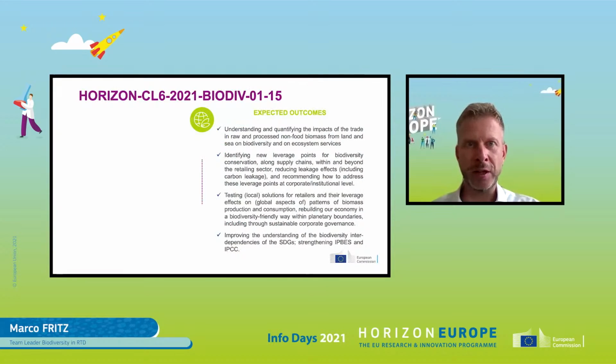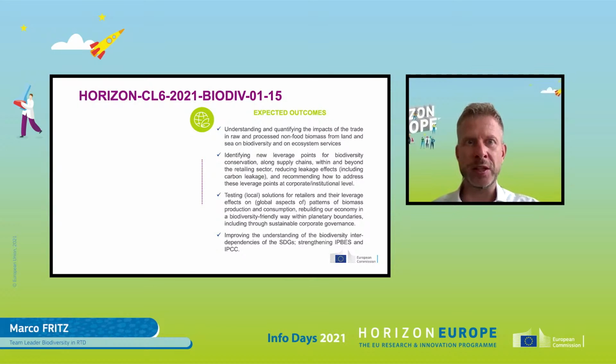The expected outcomes are understanding and quantifying the impacts of a trade in raw and processed non-food biomass, which are biomass for energy, feed, fiber, textile production or carbon storage, from land and sea, on biodiversity and on ecosystem services, giving input to the bioeconomy strategy.